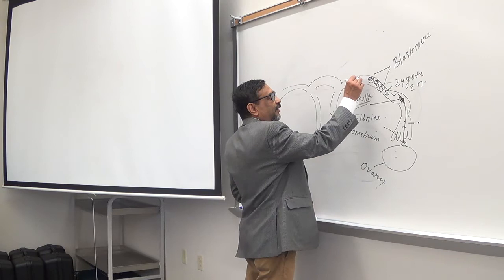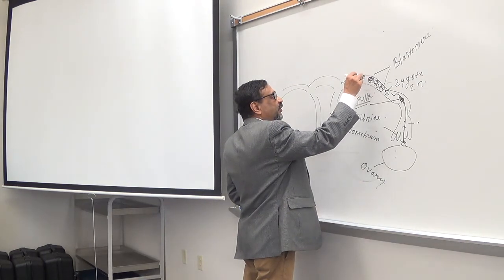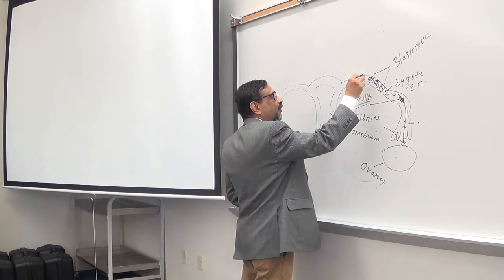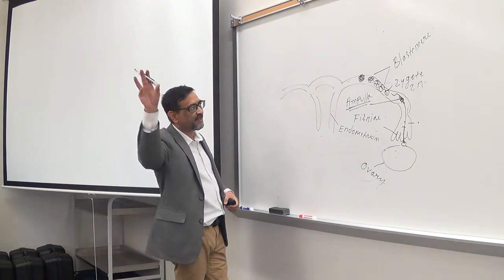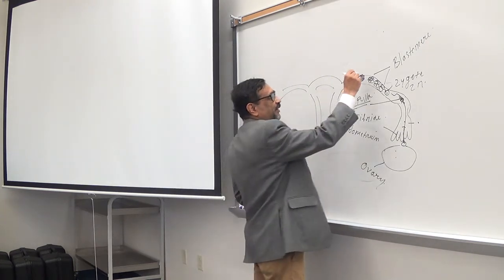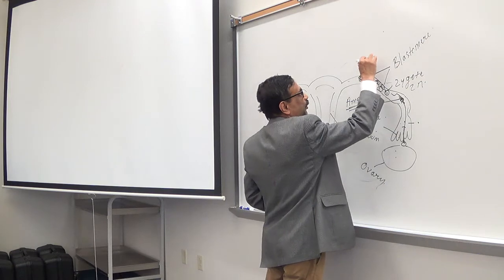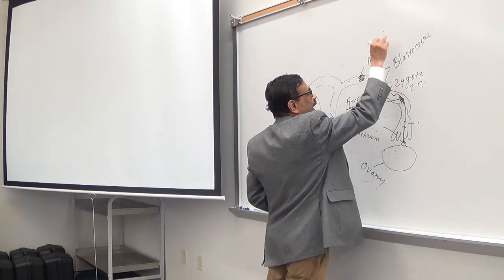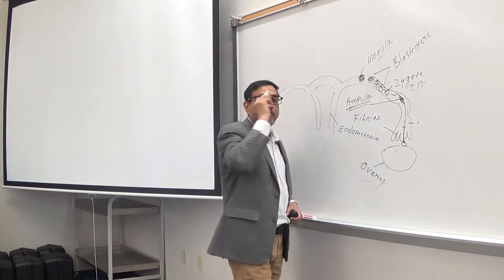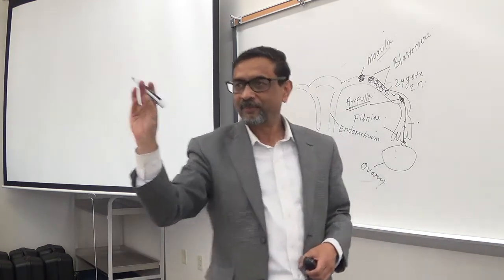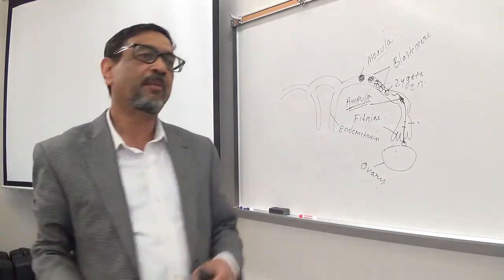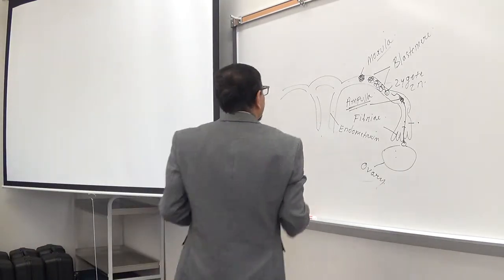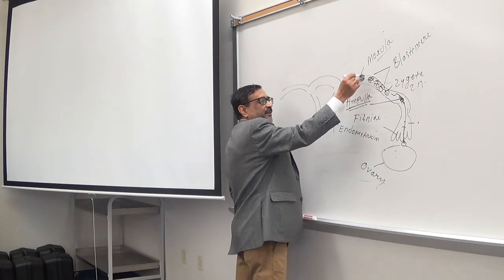Then a solid ball of about 16 cells is formed. This stage is called morula. It's like mulberry. You know mulberry? The berry. So the morula came from mulberry. It is a solid ball.